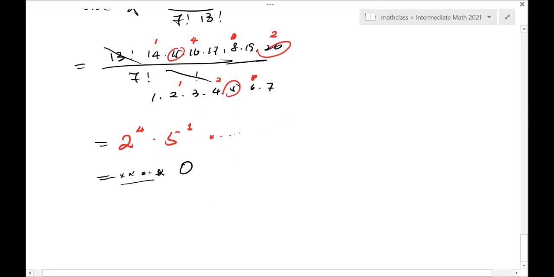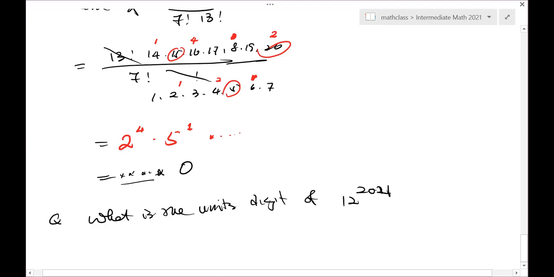All right, our next problem is about figuring out the units digit. How to find the units digit. So let's do the first problem. Units digit: what is the units digit of 12 to the 2021?